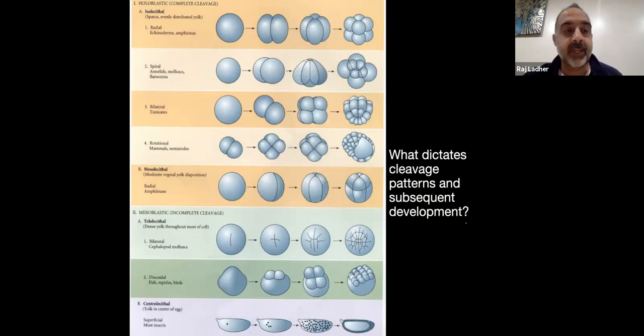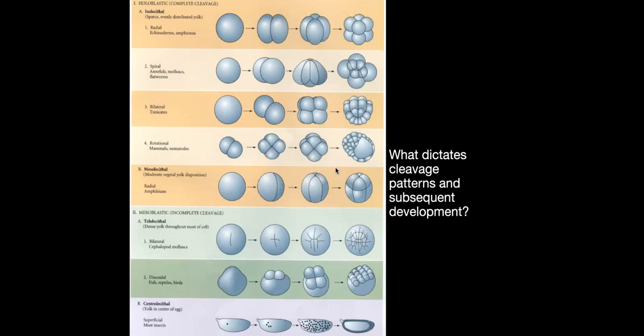But what we're going to talk about is what dictates cleavage patterns and subsequent development, okay? And so just so I know that there's someone here and listening to me, can anyone tell me what dictates cleavage patterns? The amount of yolk in the egg.